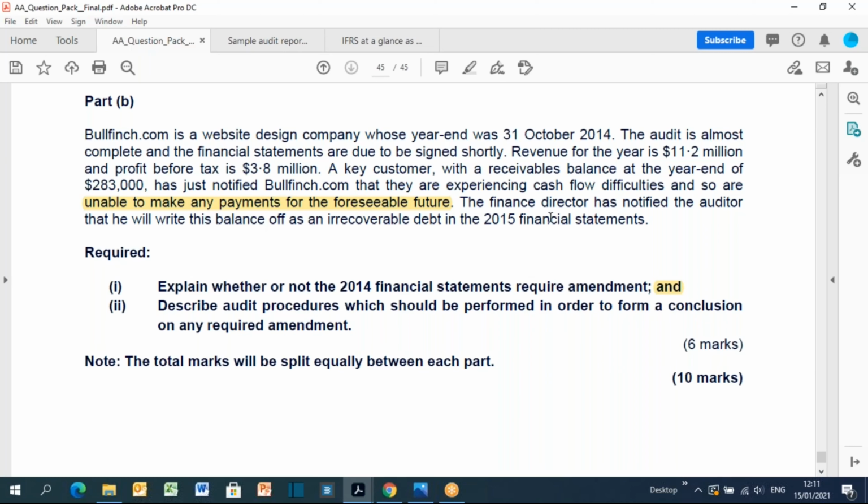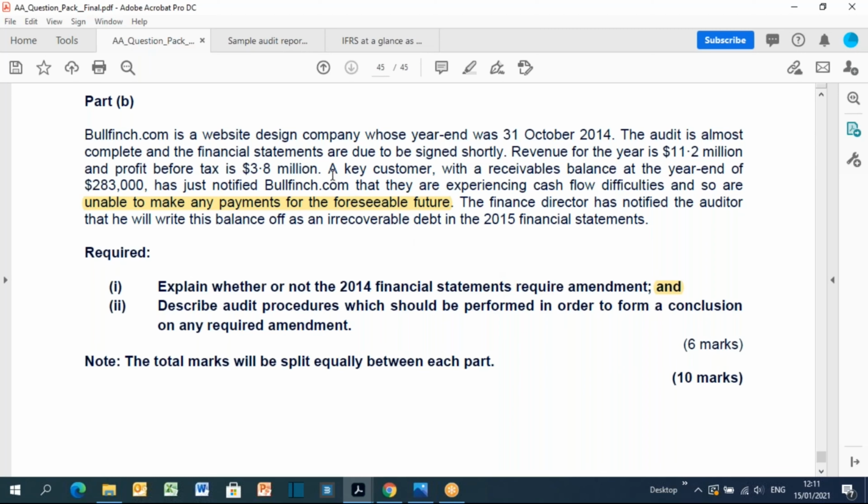The finance director has notified the auditor that he will write this balance off as an irrecoverable debt in next year's financial statements. So this is the year end, and the finance director thinks that he should write this off next year. And the question is to explain whether or not the financial statements require amendment.